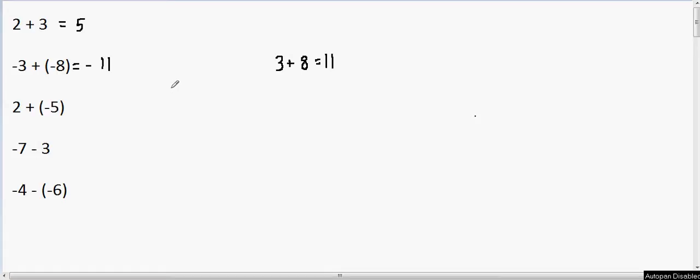Recall that the absolute value operation leaves 0 and positive numbers alone while changing negative numbers to their opposite, effectively removing the minus sign from the number. We then compare the two resulting numbers.